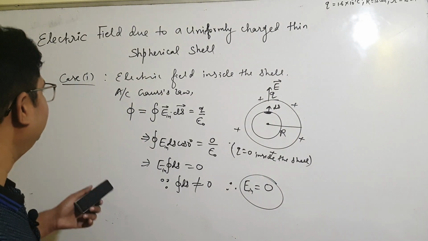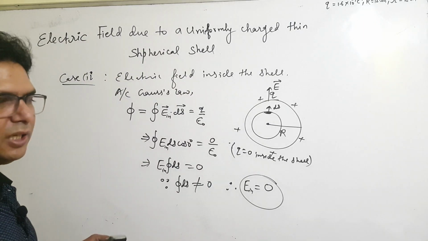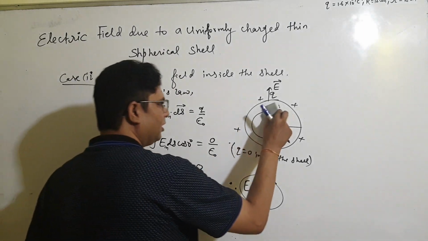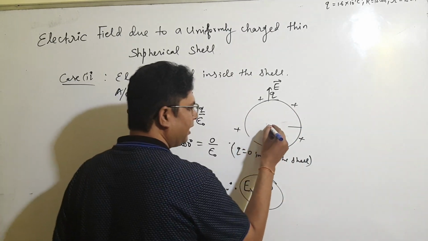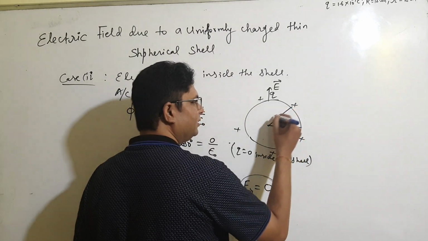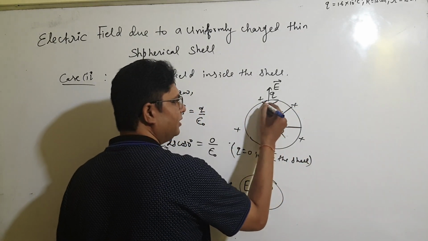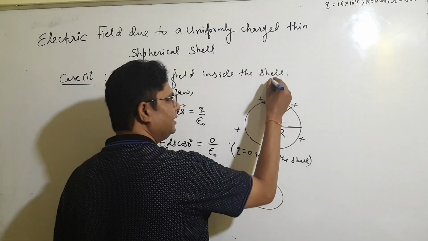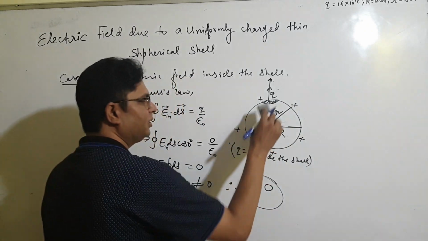Now let us have the second part. In the second part, you are going to find the electric field on the surface. So on the surface, this is capital R, the radius, and this is the Gaussian surface, small r. We are taking a small surface element, this is ds. The electric field and ds have the same direction.